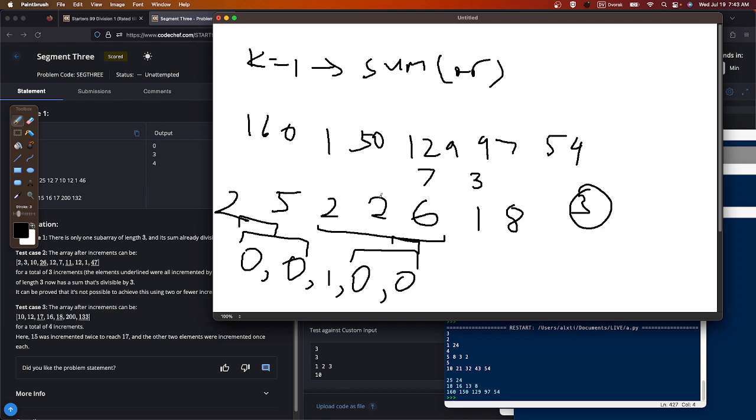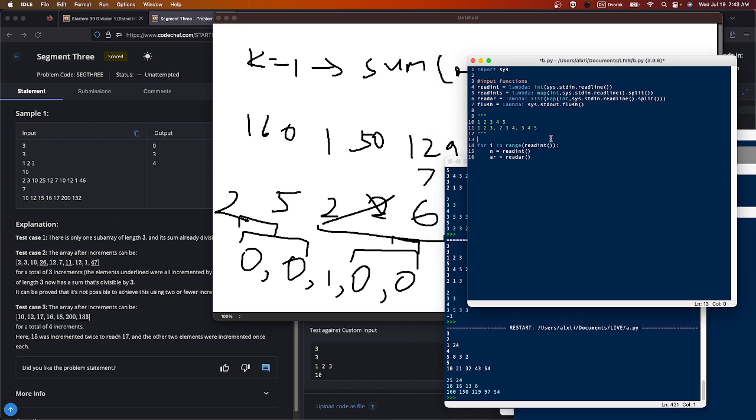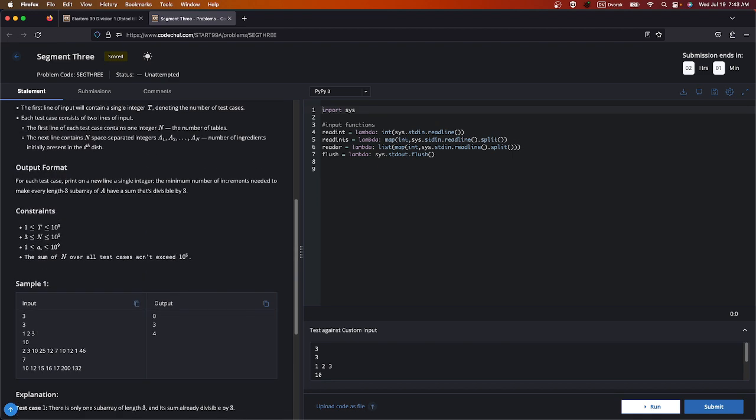So incrementing here is definitely wrong. This is at least length 3, okay.